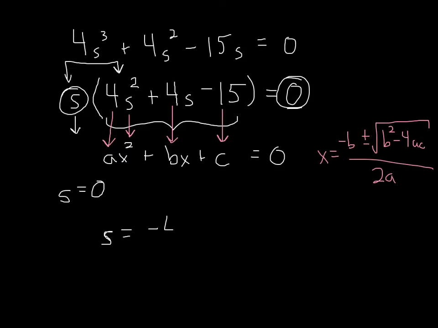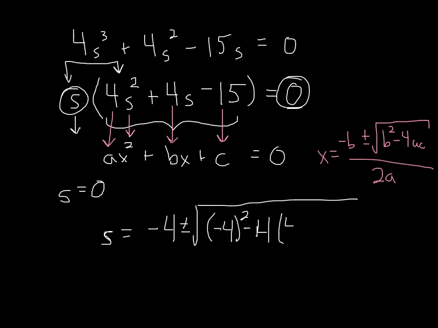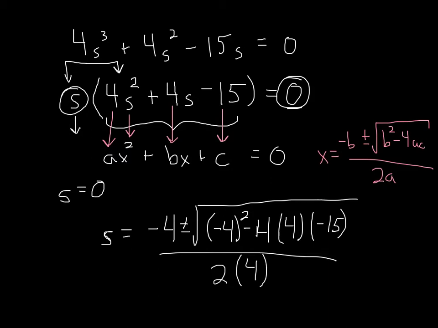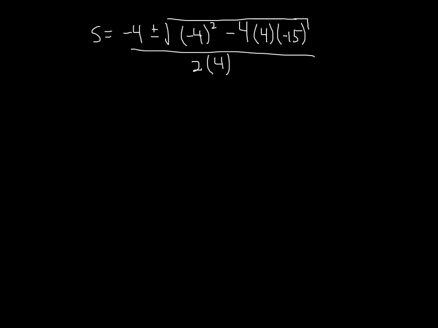In this case, my b is 4, so negative 4 plus or minus the square root of b squared, negative 4 squared, minus 4 times a. A in this particular problem is 4 as well, and c was equal to negative 15. And that's all going to be divided by 2 times a, where my a again was equal to 4.